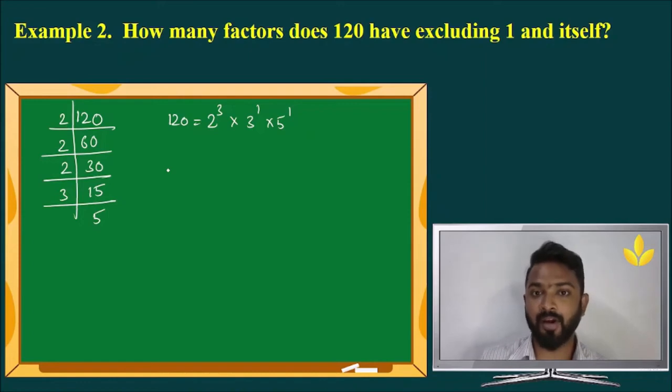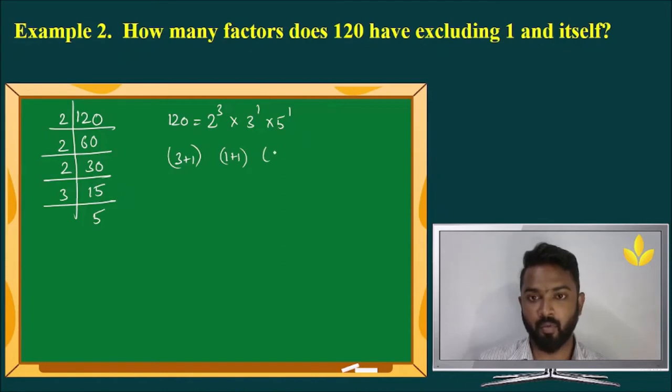Now how to find the total number of factors of 120? Now concentrate. We take the powers, we add them with 1. We have 3 plus 1, we have 1 plus 1, we have 1 plus 1, and then we multiply all of them. So we have 4 into 2 into 2.